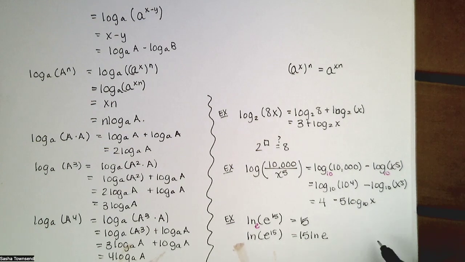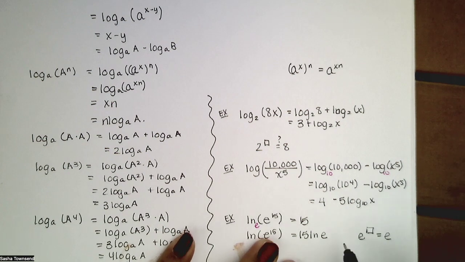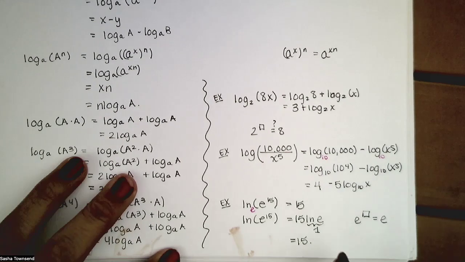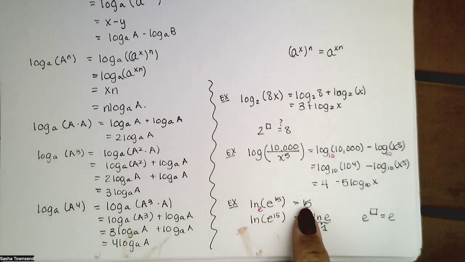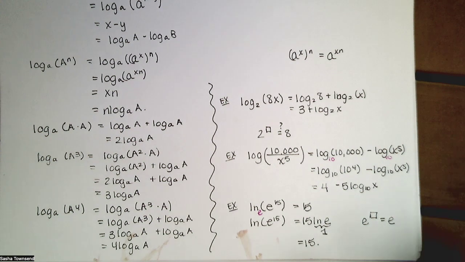And you say, well, what's the answer for natural log of e? You're saying e to what power is e? Obviously the 1st power. So that's a 1, and we get 15. But either way, whether you think of it just in terms of the definition of that logarithm, or in terms of that property, we'll still get the answer of 15.